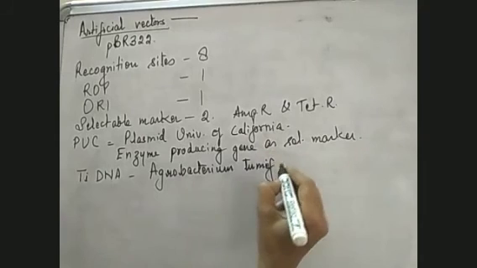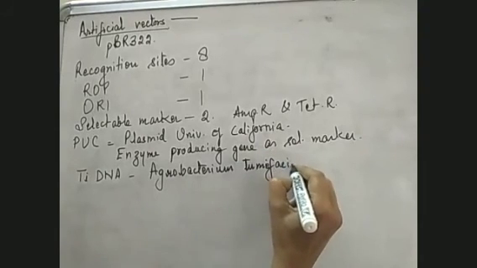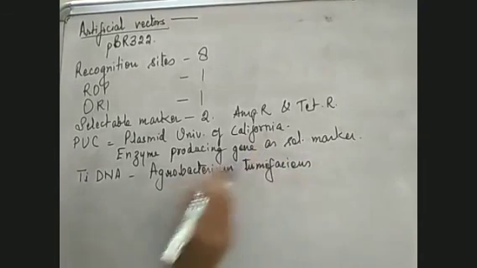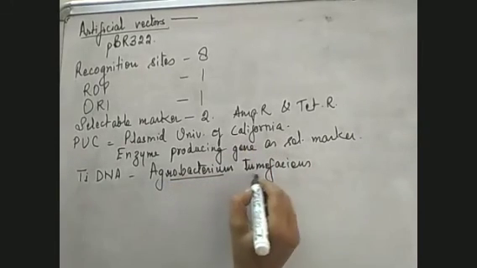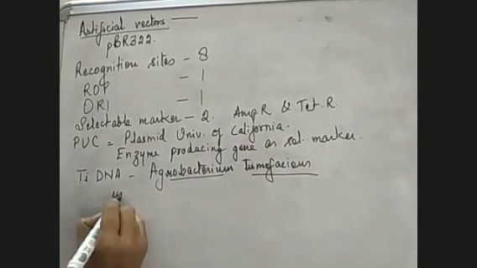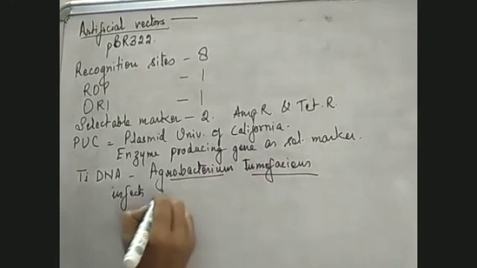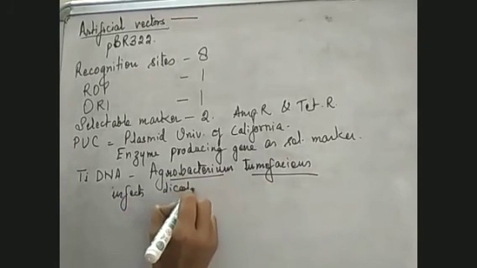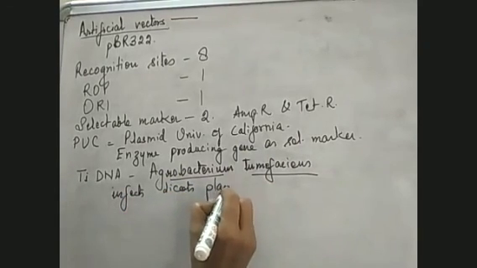This is a bacteria which infects the dicot plant. This bacteria infects dicot plants, and when it infects dicot plants, it sends.